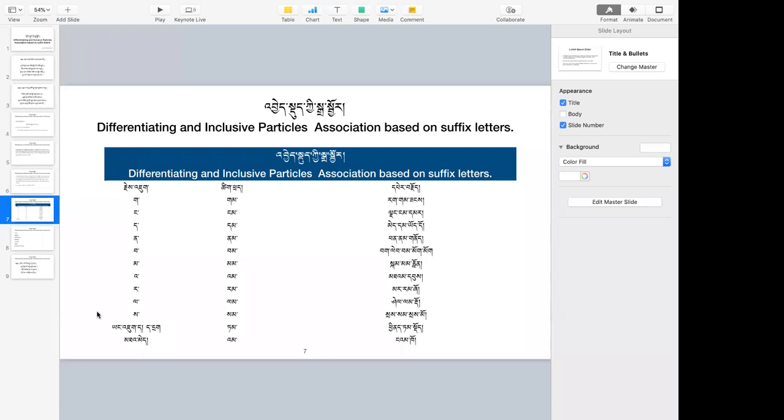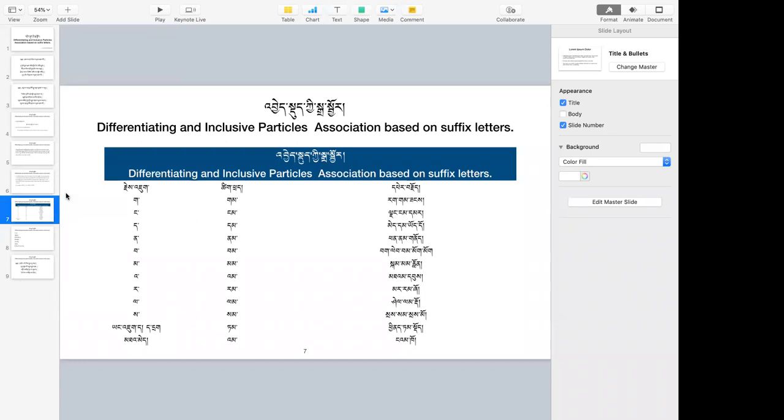And if the name has a post suffix letter ta, tata, it is followed by tam. And if it doesn't have any suffix letter, it's followed by hum. So this is the rule, which is the same as the recompound particle. And this is the example.